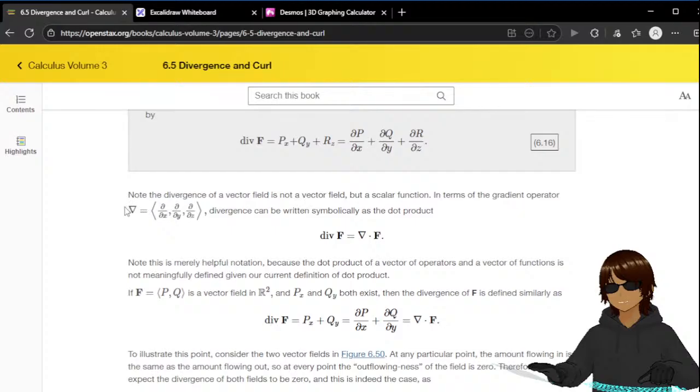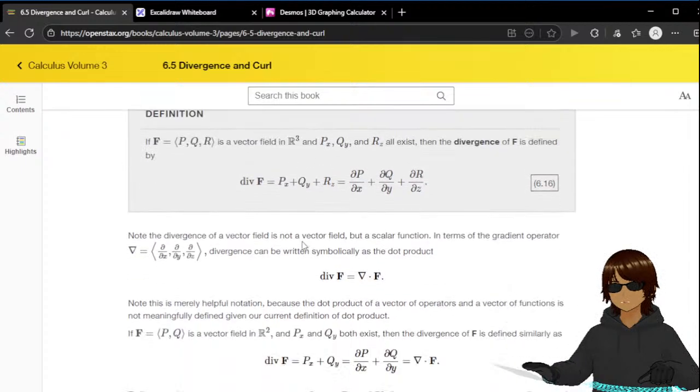So divergence of F is the gradient operator dot F.